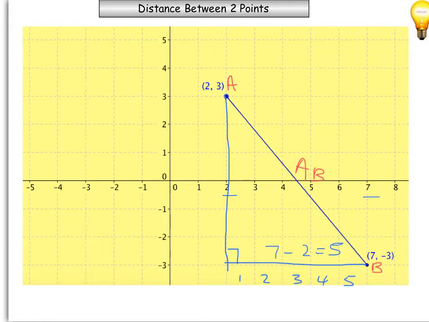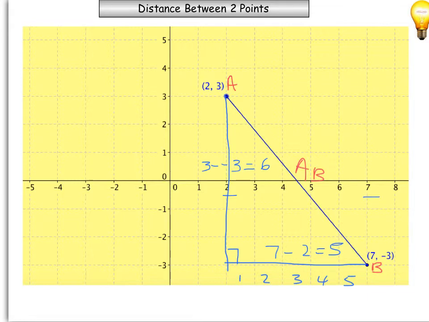We're going to do the same for the y-ordinates. We're going to find the distance between the two y-ordinates, and in this case it's going to be 3 take away -3, which gives us 6, because we add them together.